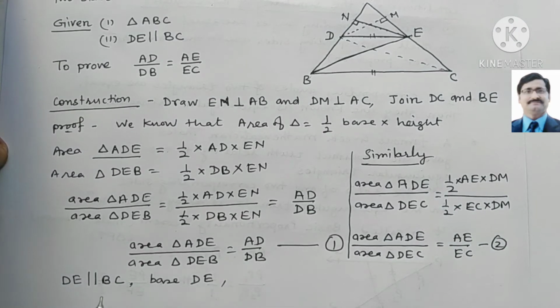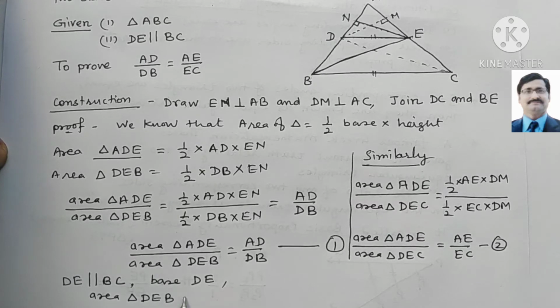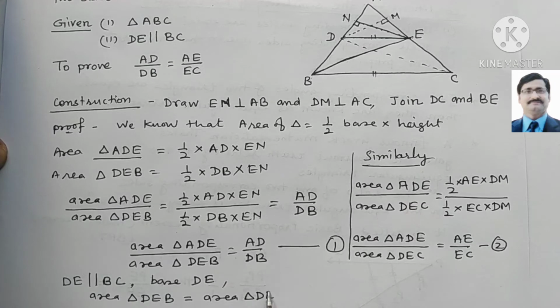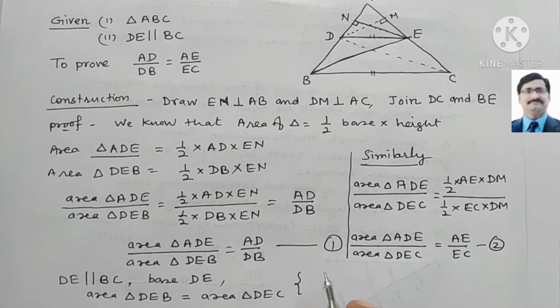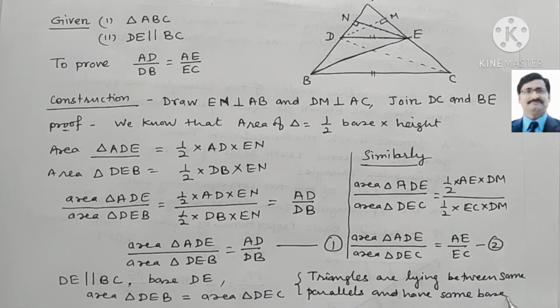So we can write area of triangle DEB equals area of triangle DEC. The reason is that the triangles are lying between the same parallels and have the same base. So these are the same.